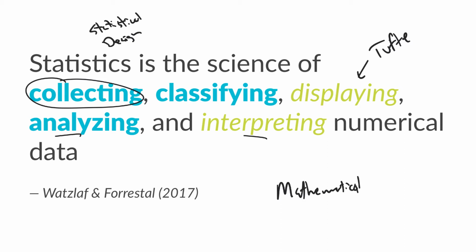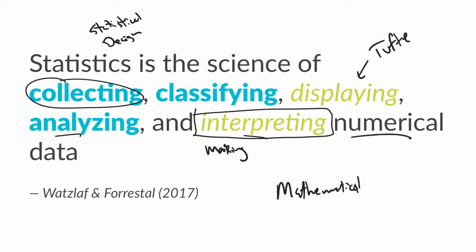Most of the time you can take a statistics course from a math department, and in this case we're looking at the application of some of those concepts to the data that we have. In this case specifically numerical data, and this interpretation I think is kind of a key element. We want to be able to interpret properly. This is where we do that making sense that we talked about in the beginning.